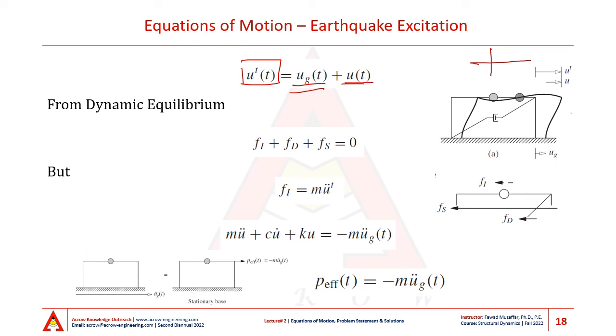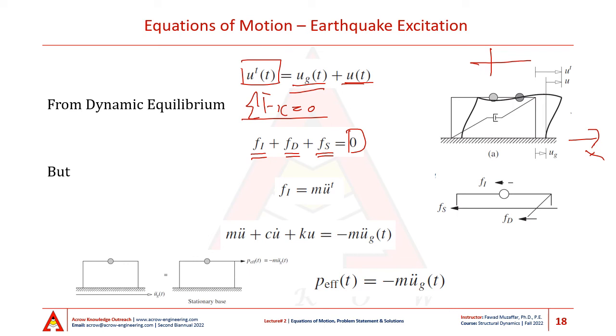Now, using D'Alembert's principle and writing the equation of motion equilibrium in the horizontal direction for this case, we write sigma Fx is equal to 0, x being this direction, and this gives us the inertial force plus the damping force plus the stiffness force should add up to equal 0.